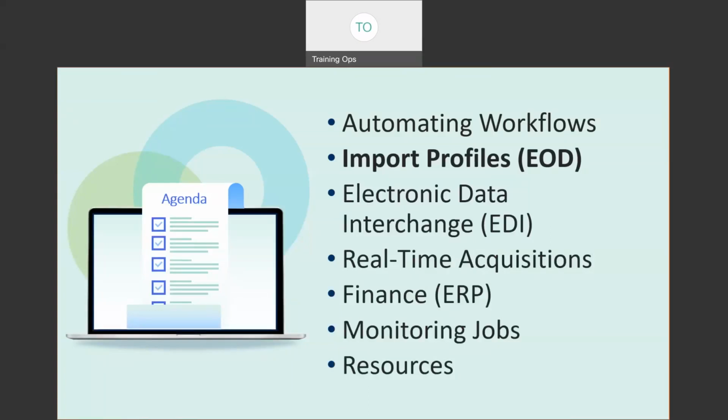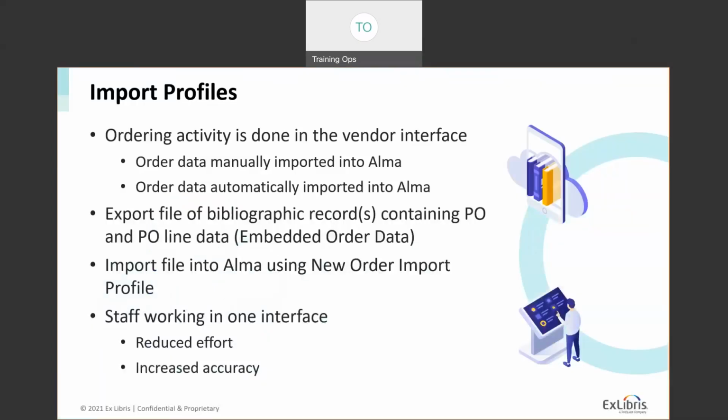Let's talk about some of the different integration options. The first one is import profiles, or embedded order data. So what happens when you use import profiles? The ordering activity is done in the vendor interface, and the data can either be manually imported into Alma or automatically. You can schedule it.